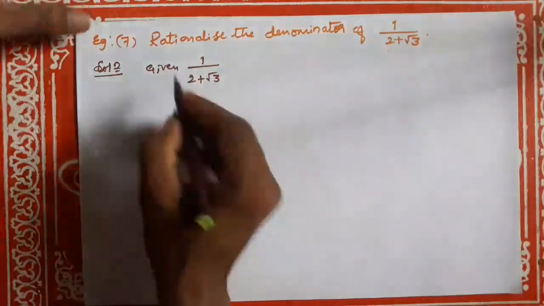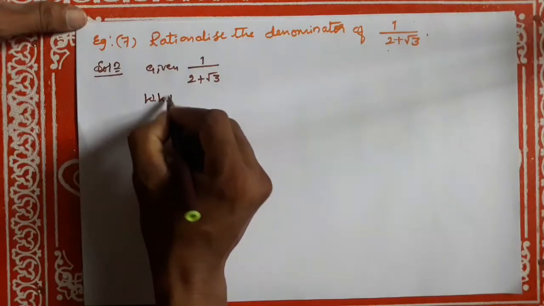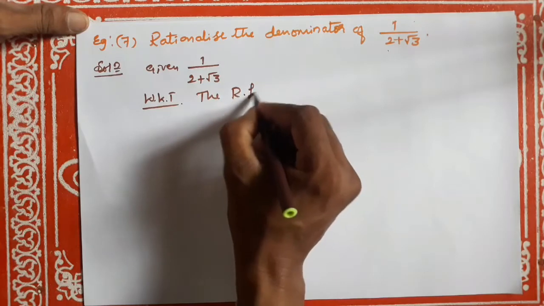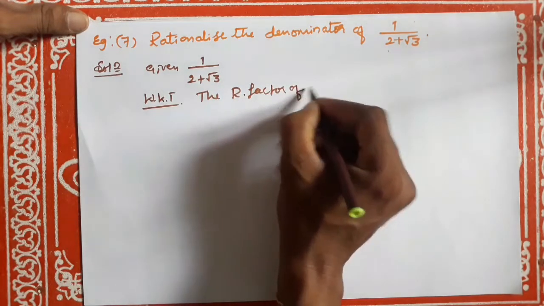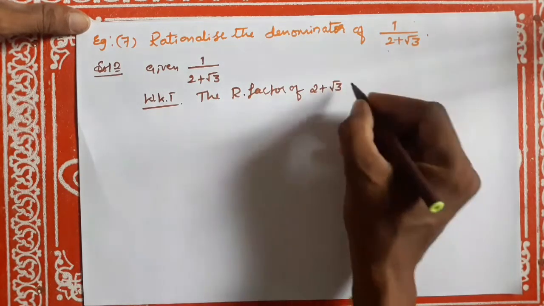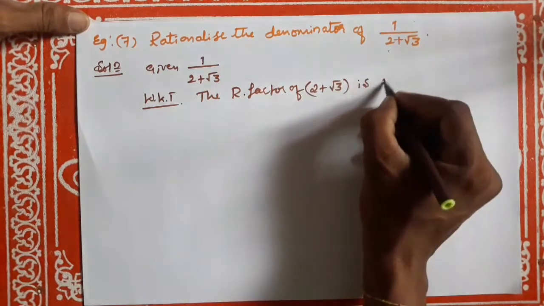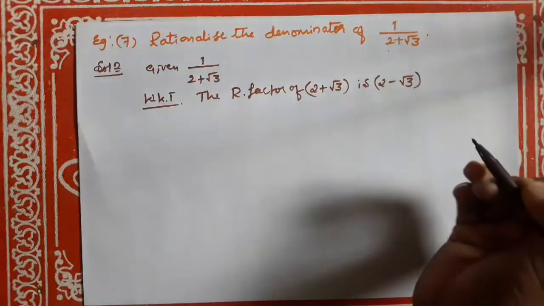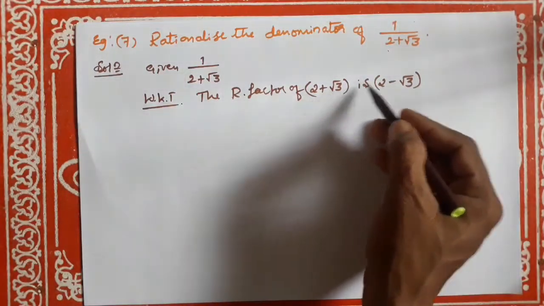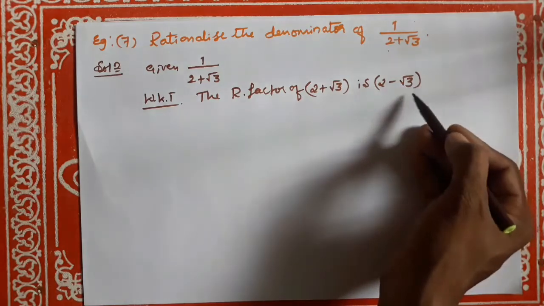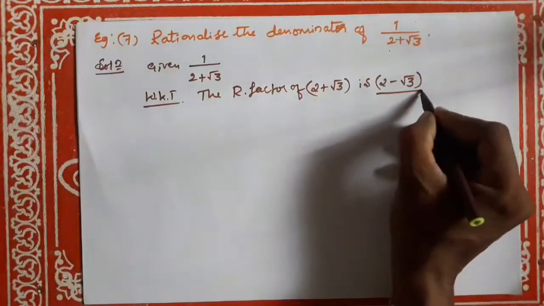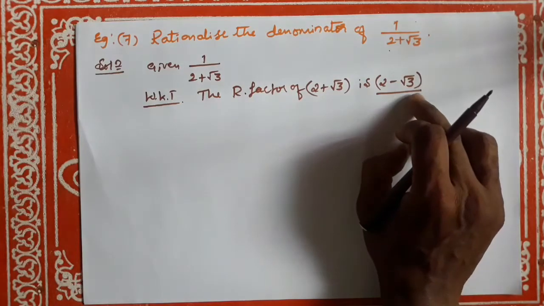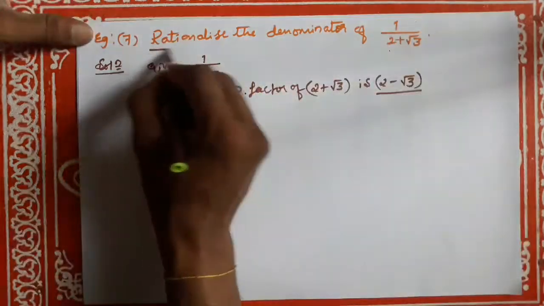We know that the rationalizing factor of 2 plus root 3 is 2 minus root 3. Now multiply and divide by 2 minus root 3, rationalizing the denominator.